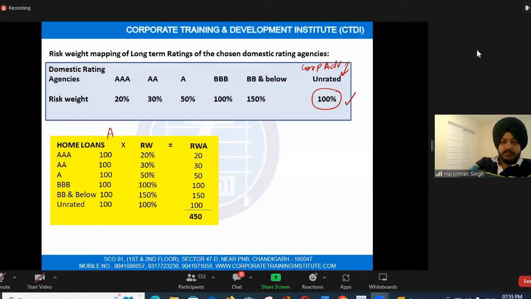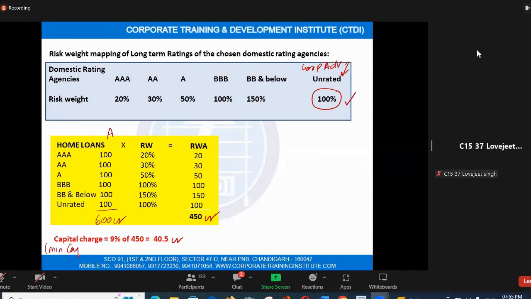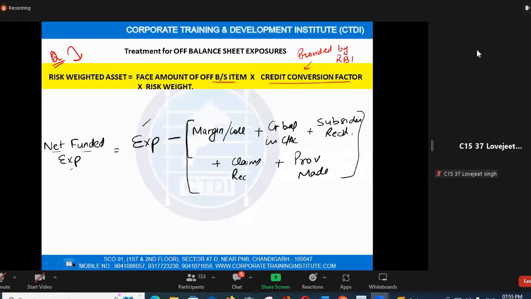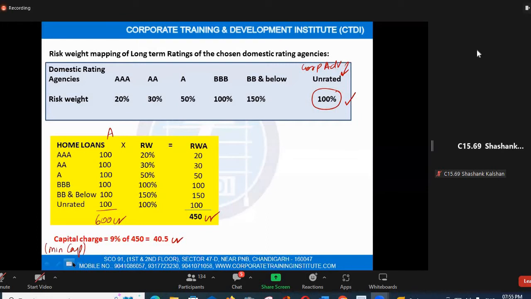That means out of a total of 600 crores, the risky asset is 450 crores. Is that clear? So how much is the capital charge? 9% of 450. 40.5 crore should be the minimum capital. Is that clear or not? Yes, sir. You can note it down, please.